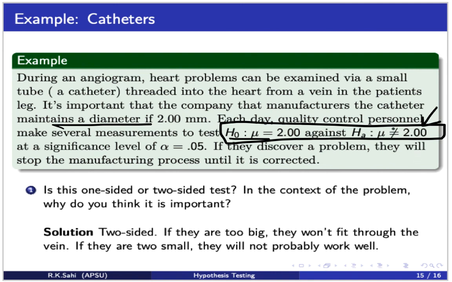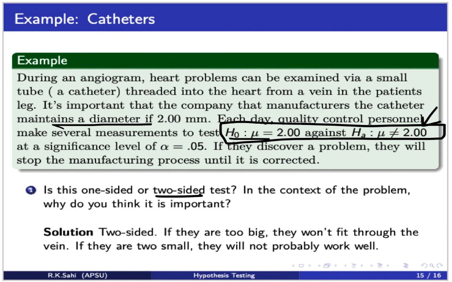And the not equal sign says this is a two-sided test. Now, in the context of this problem, if they are too big, then they won't fit through the vein. And if they're too small, they will probably not work well. So we are basically in a problem over here.